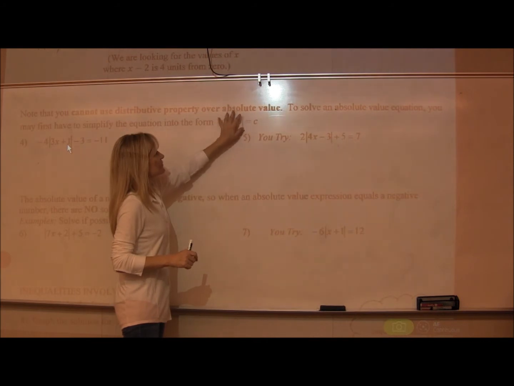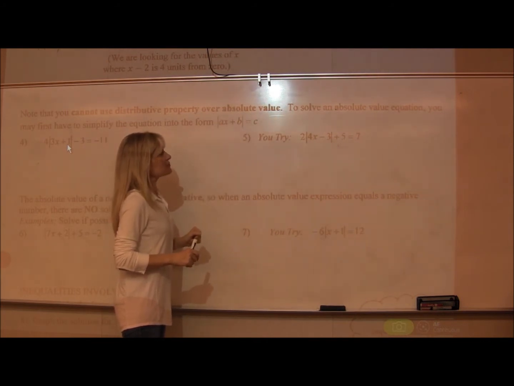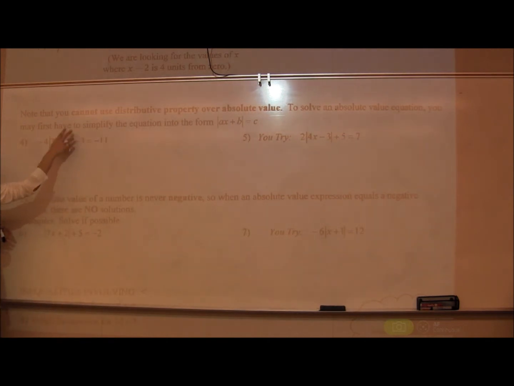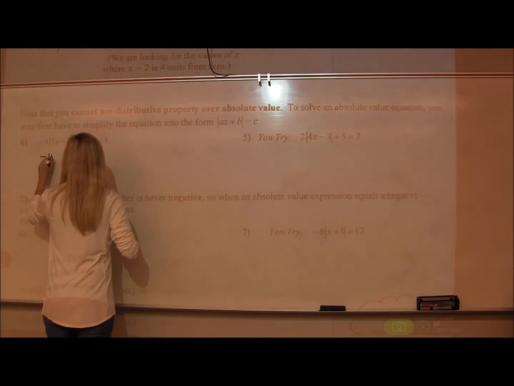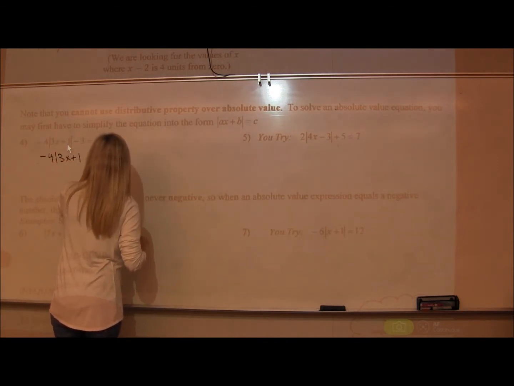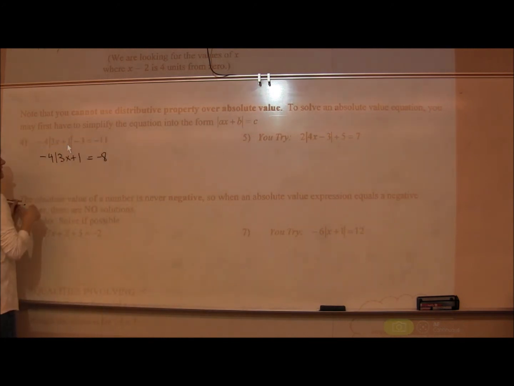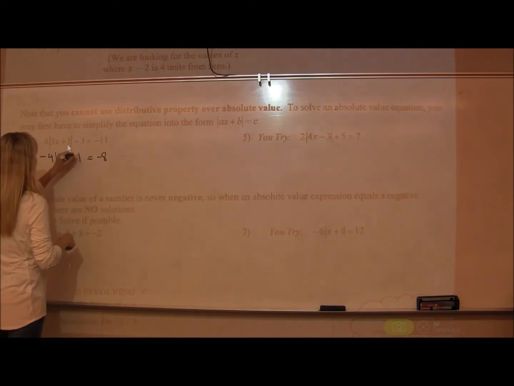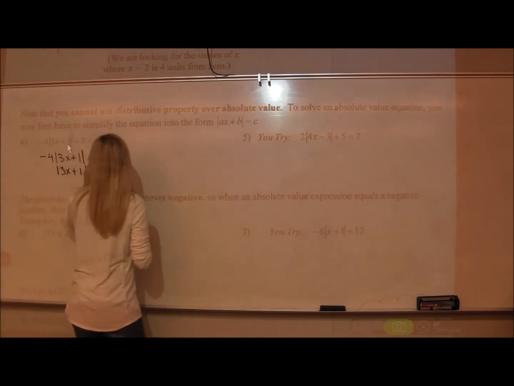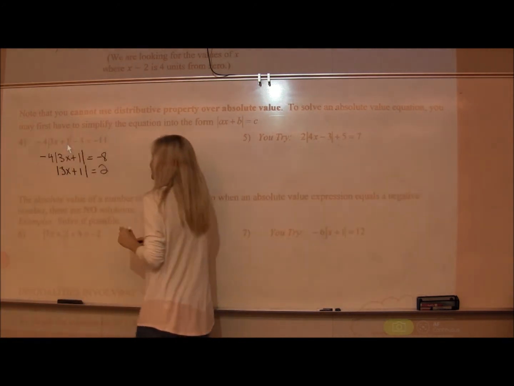So it's just like if you were simplifying a two-step equation. So you're going to add the 3 and then divide by the negative 4. So let's do that. So we have negative 4 times the absolute value of 3x plus 1 equals negative 8, because negative 11 plus 3 is negative 8. Divide both sides by negative 4. We get the absolute value of 3x plus 1 equals 2, so it's positive 2.